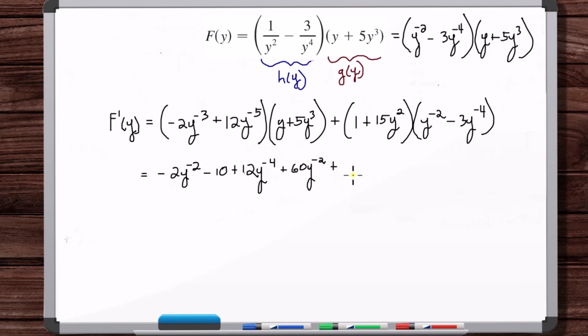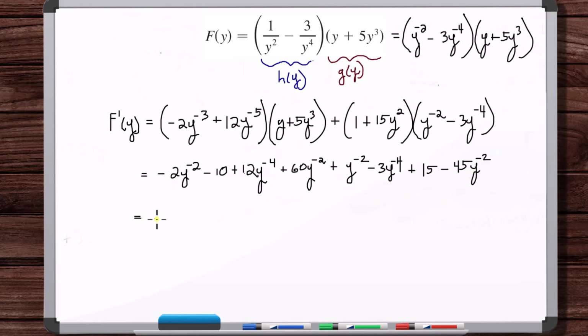Okay, plus, let's distribute this here. Y to the minus 2 minus 3y to the minus 4 plus 15, and just 15, and then minus 45y to the minus 2.